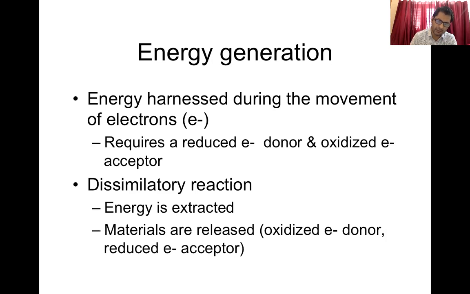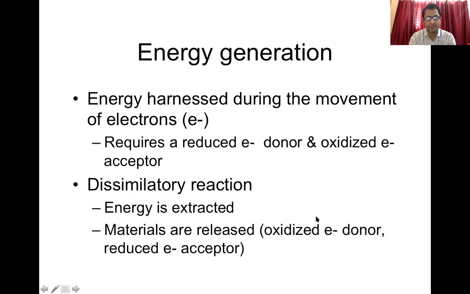If the electron acceptor or electron donor is assimilated in the body in the formation of some compound, then it becomes an assimilatory reaction. Dissimilatory reactions are those where just the energy is produced. So energy is produced and the materials are released. Whatever electron donor and electron acceptors are used, they are released as oxidized electron donor.